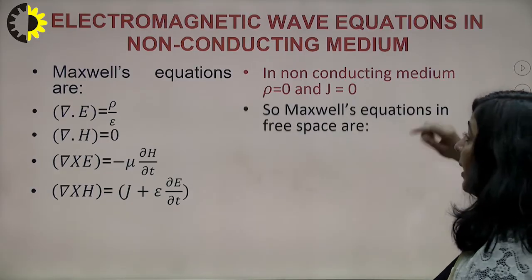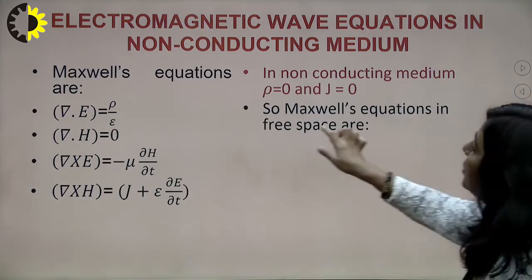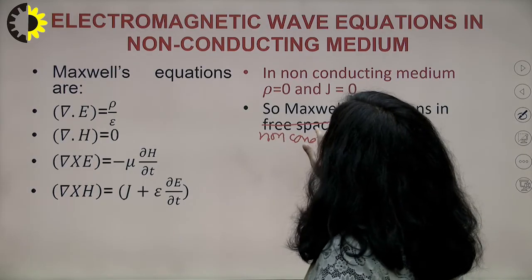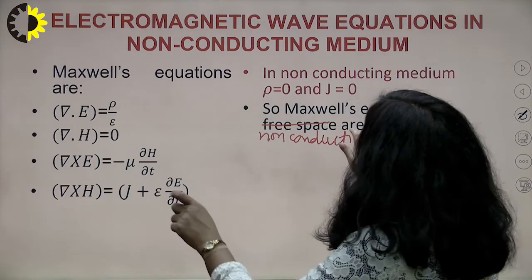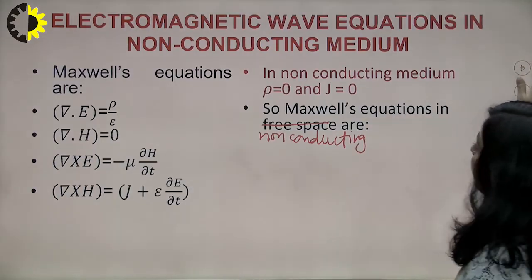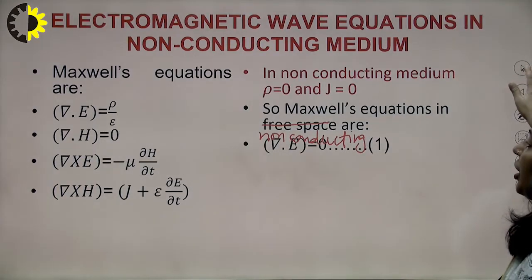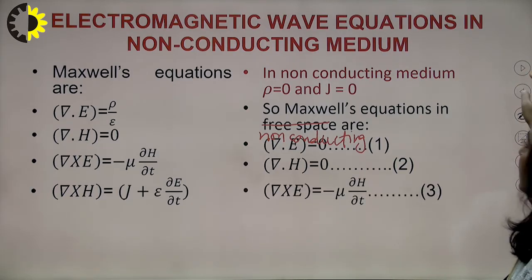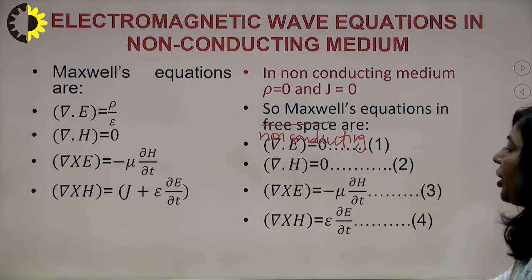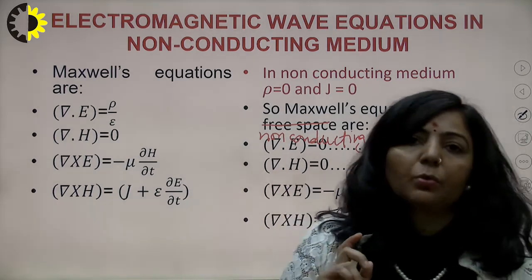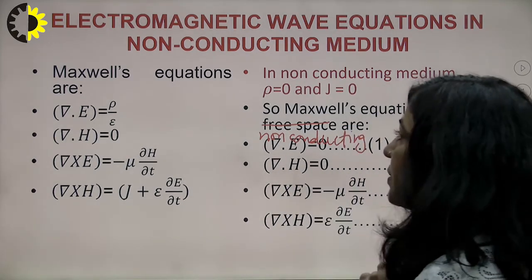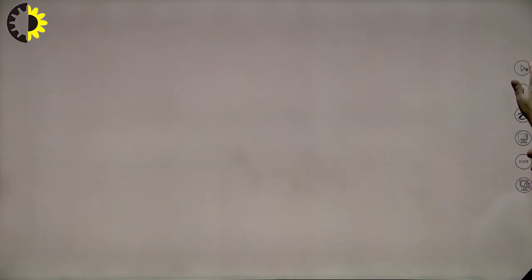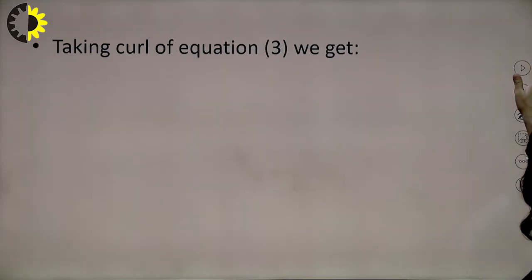If you write these 4 Maxwell equations for a non-conducting medium, there is a change in the first equation, that is del dot E is 0, the second and third remain the same, and there is a change in the fourth equation, where J will be 0. So you get these 4 equations here, right? Now the next step is that you have to take the curl of equation number 3. You know what the steps are.